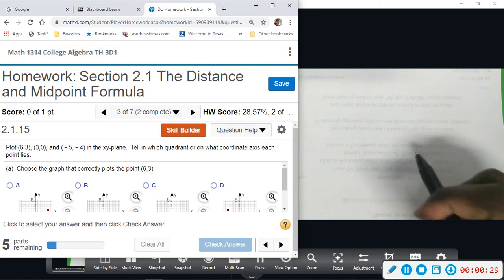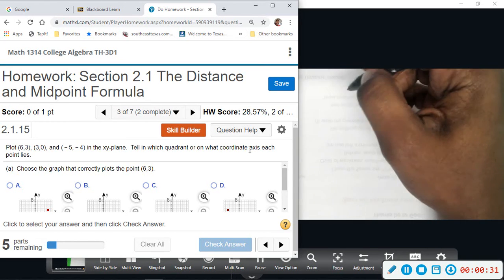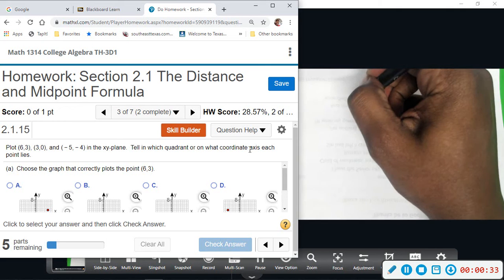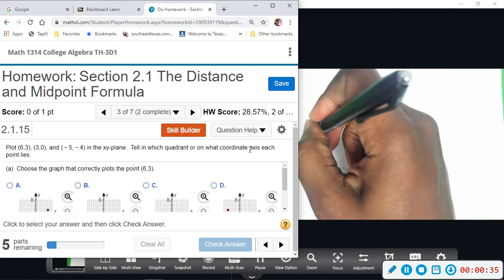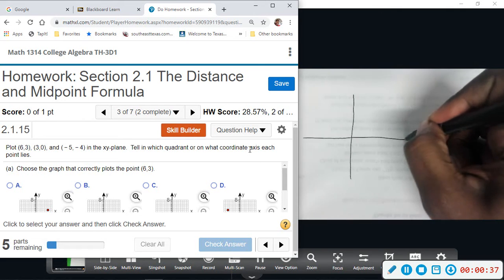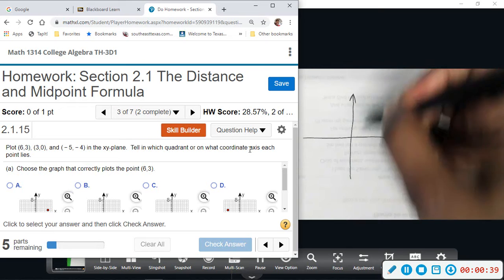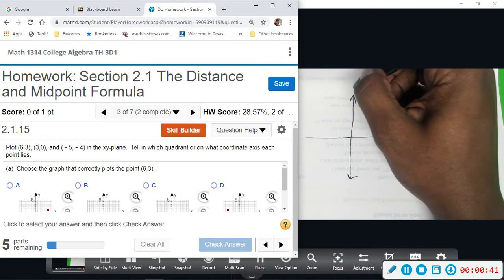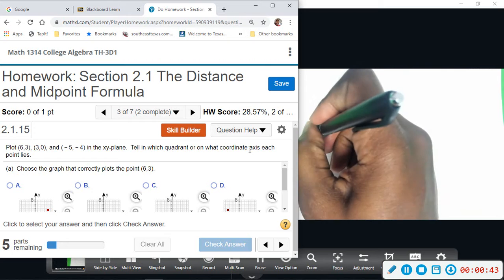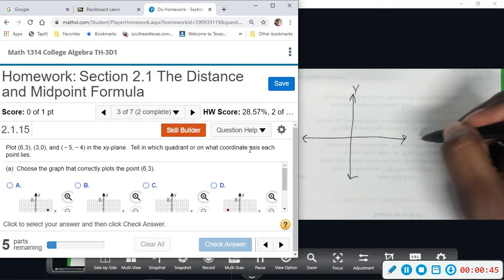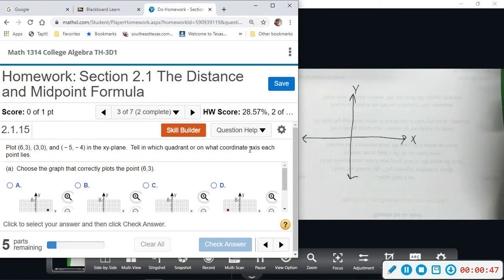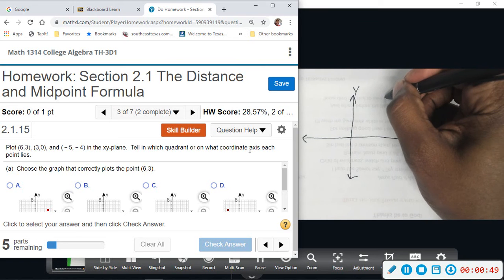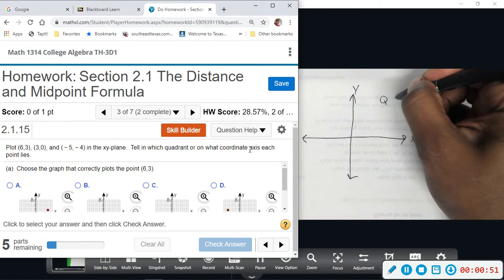Okay, so let's talk about the coordinate plane. It's just the basic graphing grid that you're used to. Okay, you have a y-axis, and then you have an x-axis. This first upper right-hand quadrant is called quadrant 1.